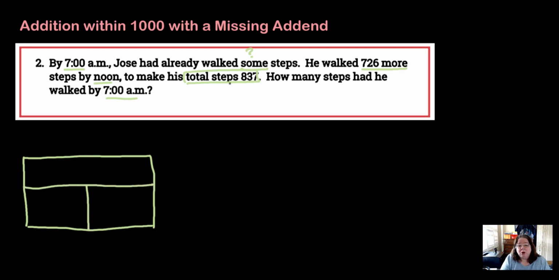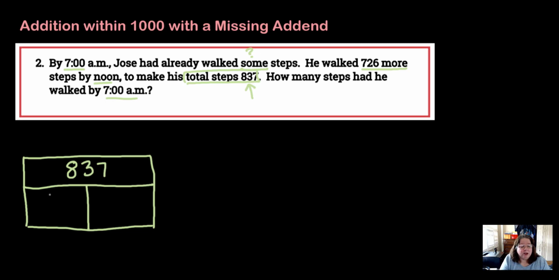Well, we know the total number of steps. The total number of steps is 837. So that's my whole. That's all together he walked 837 steps. Now, by 7 a.m., he had walked some steps.